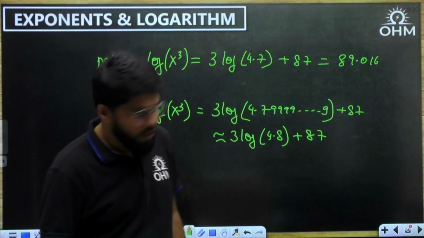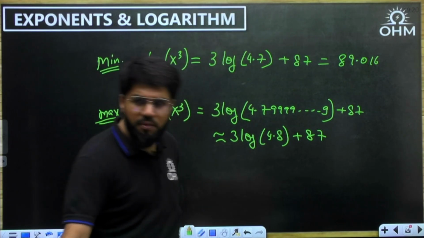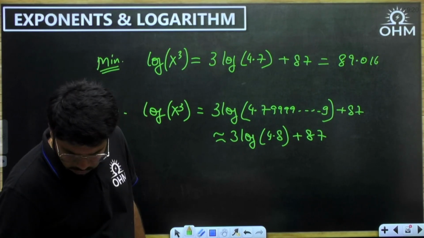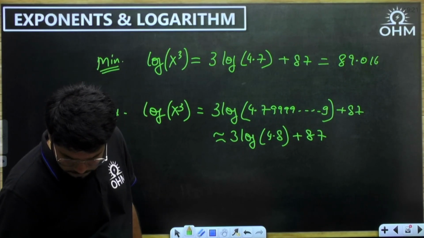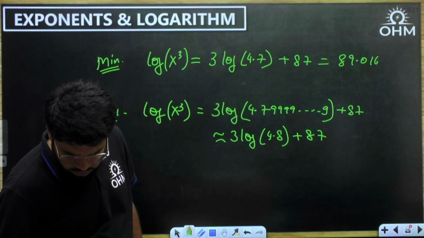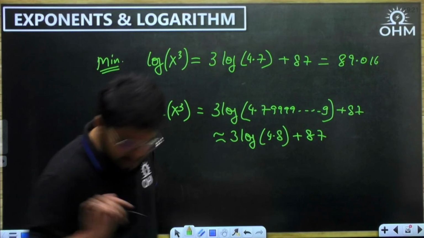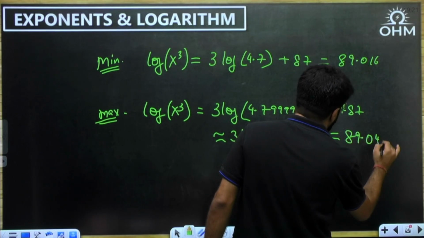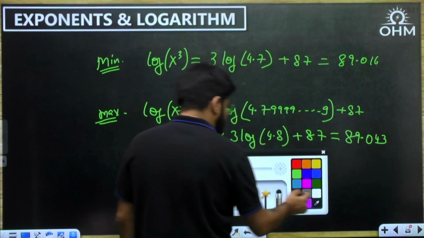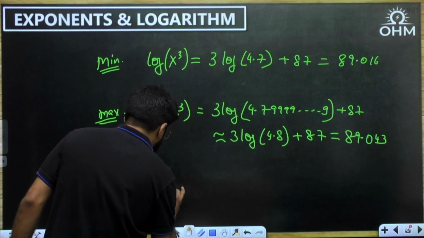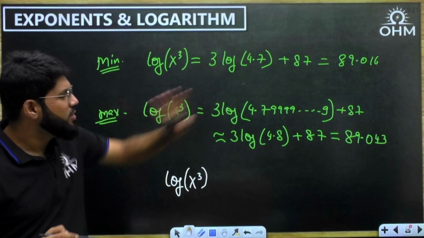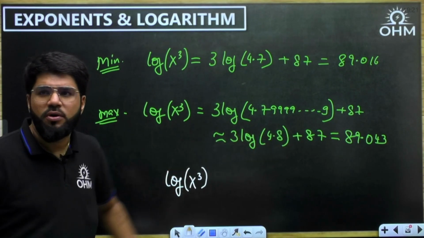So take 3 log 4.8 plus 87. This is 89.043. That clearly shows you that log of x cube minimum is 89.016, maximum is 89.043.